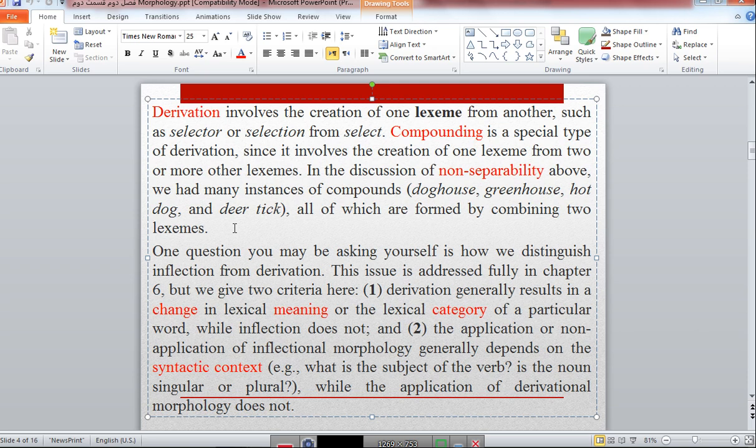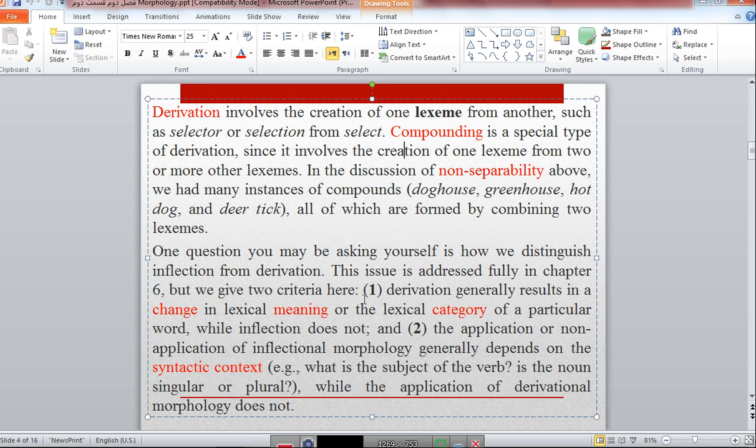One question you may be asking yourself is how we distinguish inflection from derivation. This issue is addressed fully in the next chapters, but we give two criteria here. First, derivation generally results in a change of lexical meaning or lexical category of a particular word, while inflection does not.